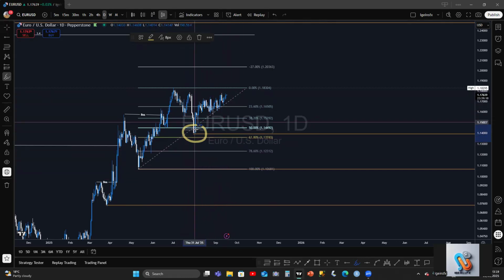As price is pulling back, price has no business breaking below this 100%. If it does, that means a market shift or change of character has happened, because at that point price has violated the order flow.